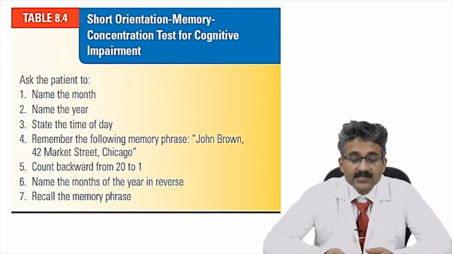Then count backwards from 20 to 1. Name the months of the year in reverse. Then recall that memory phrase. There is one more, the mental status questionnaire, MSQ, that is out of 10; if more than 8 it is normal. These are some of the methods to assess the orientation and concentration.